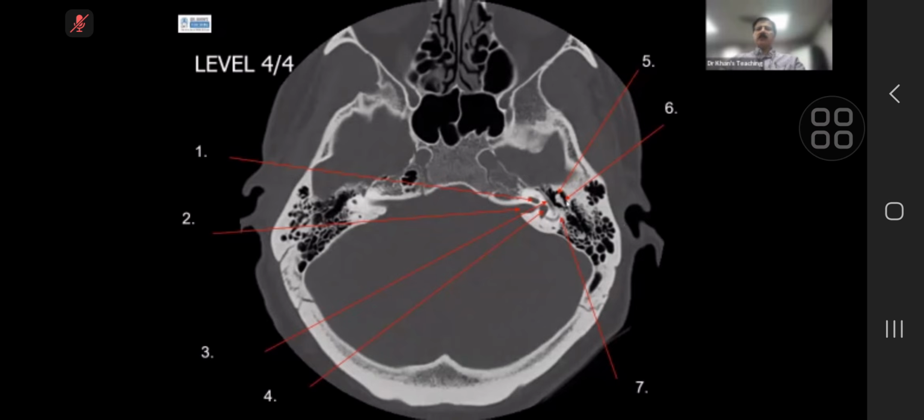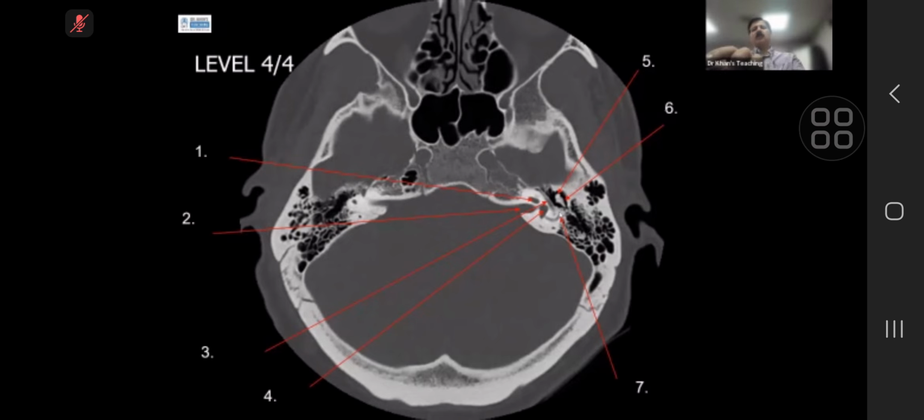And number six is this black space, the ear. The space between this incus and the bone. And number seven is this structure, which is projecting here.